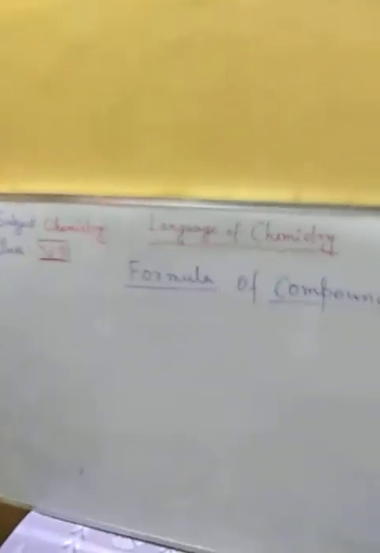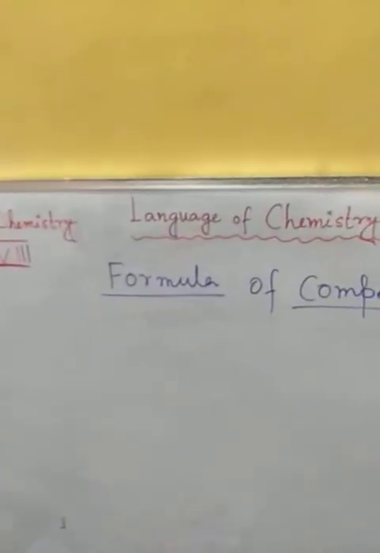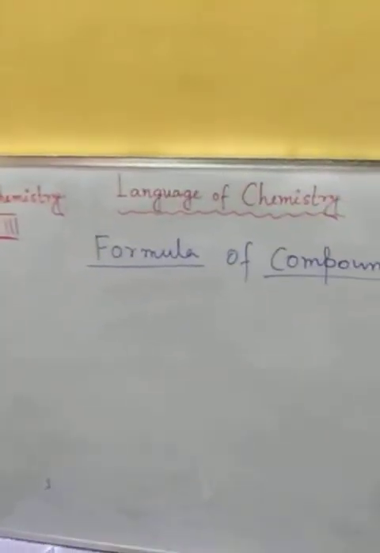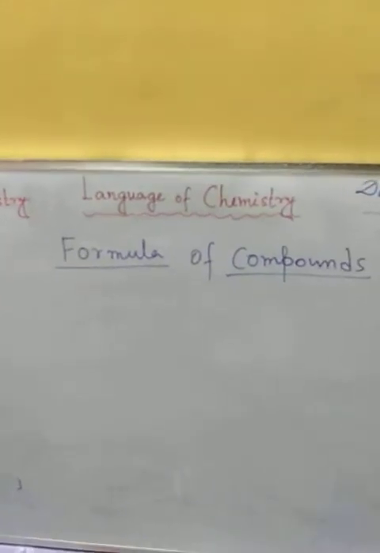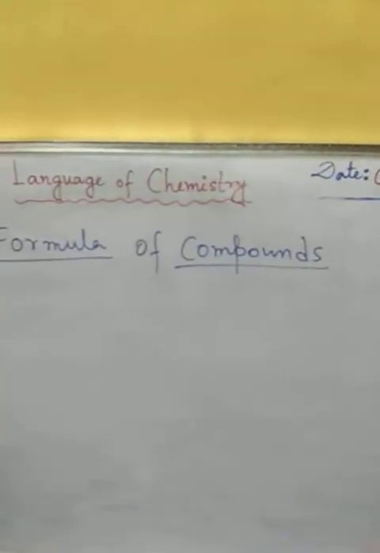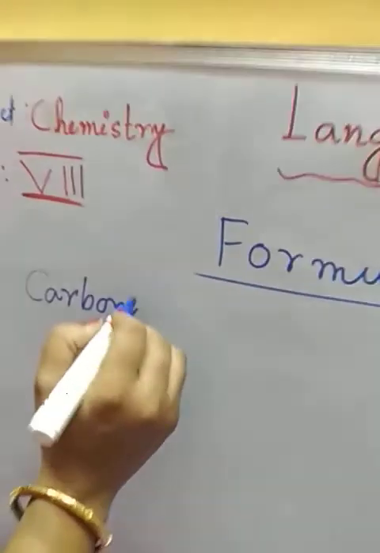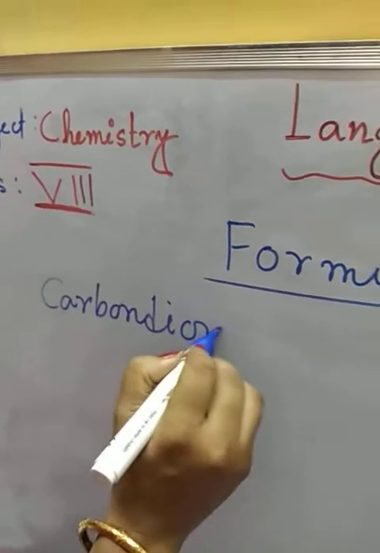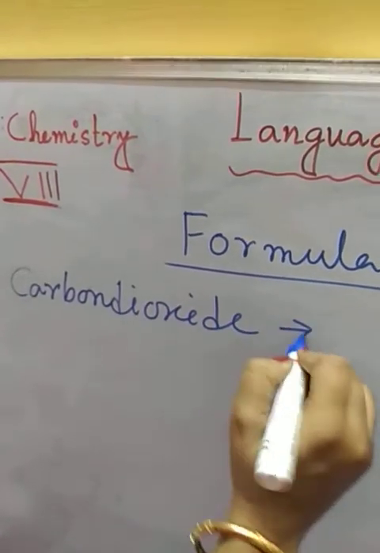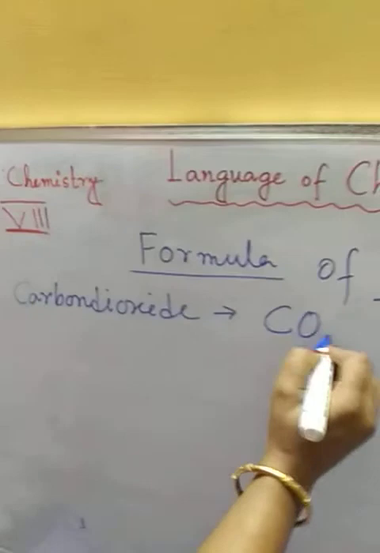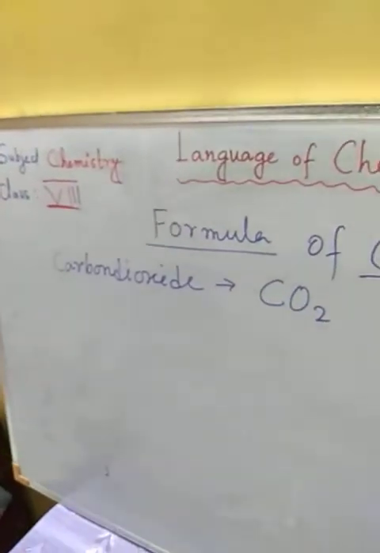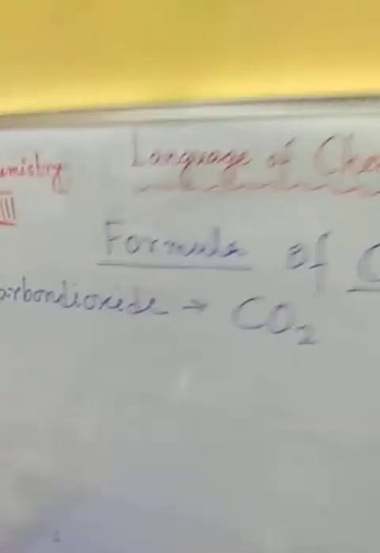Now let us learn the molecular formulas of some common compounds. Carbon dioxide, maybe you know this already. Carbon and dioxide means 2 oxygens are there, so CO2 is the formula.